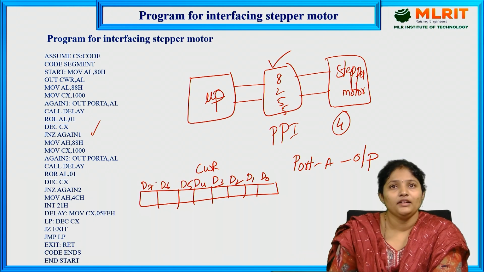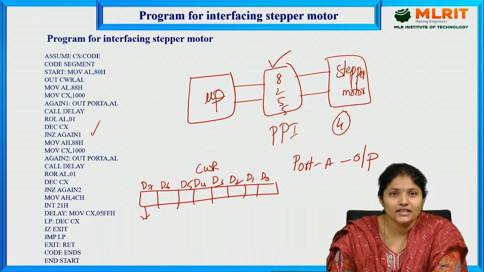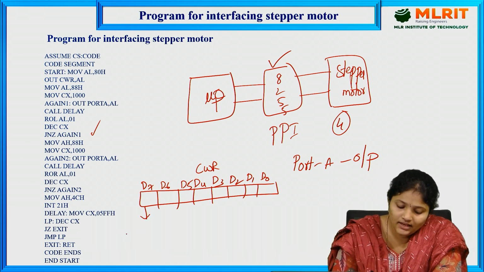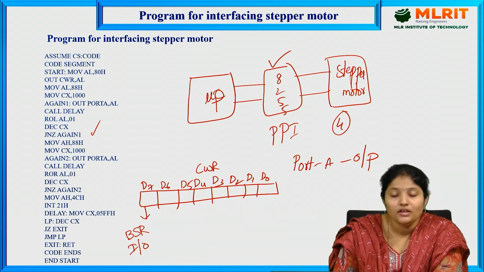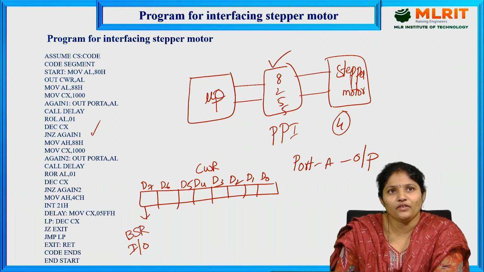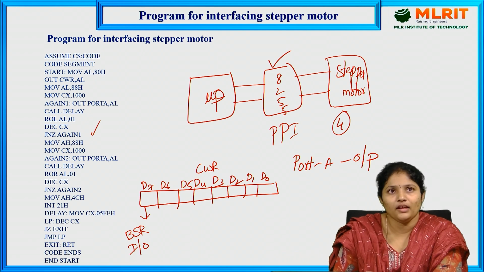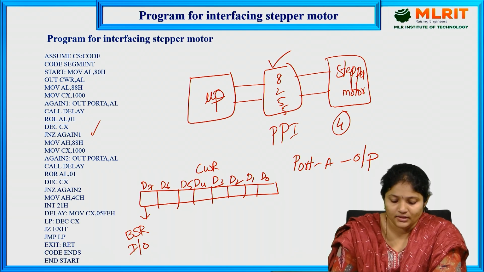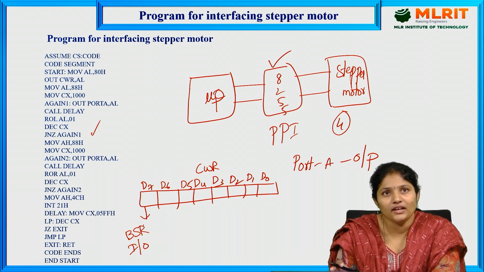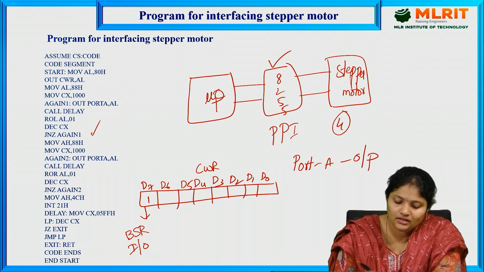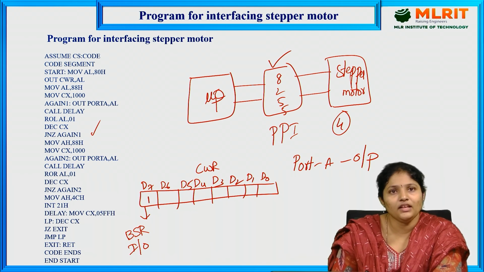The D7 bit will decide whether we are taking BSR mode, bit set reset mode, or input-output mode. To know more about the 8255 PPI, I have already given a video class regarding the 8255. Please do watch that. Here, if we want to connect the stepper motor, as it is an output device, we need to treat it as 1. If it is 0, then it will be the BSR mode, bit set reset mode.